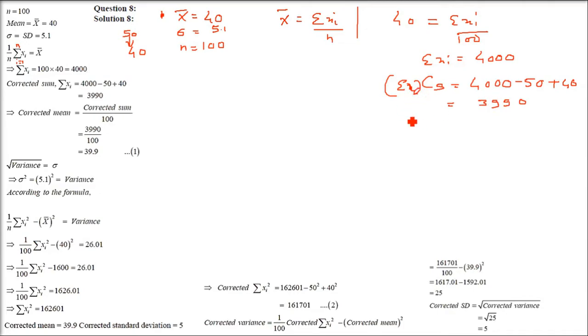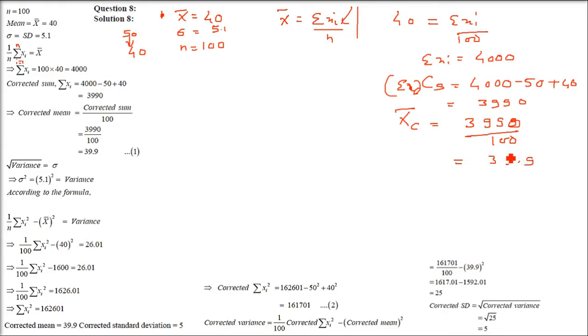So the corrected mean will be sigma xi corrected divided by n, which doesn't change. Sigma x corrected is 3990, divided by 100. So the corrected mean is 39.9.